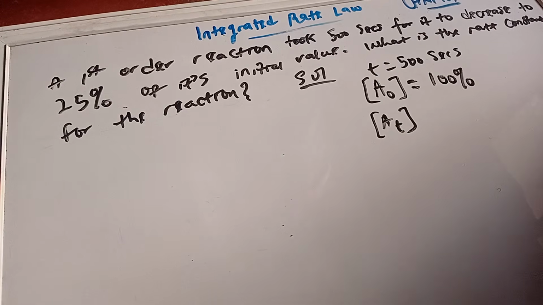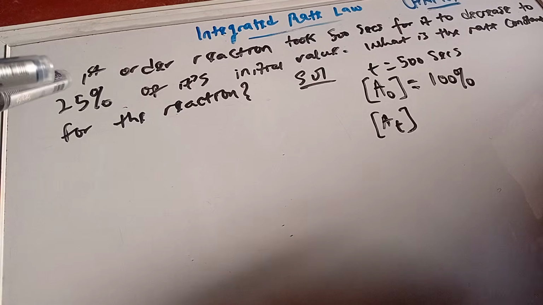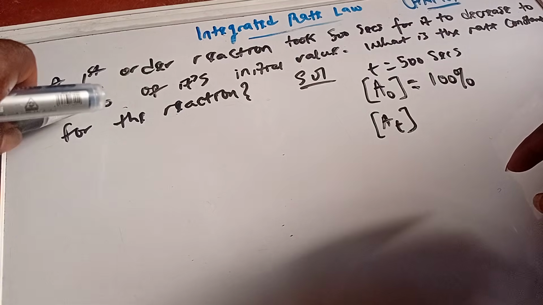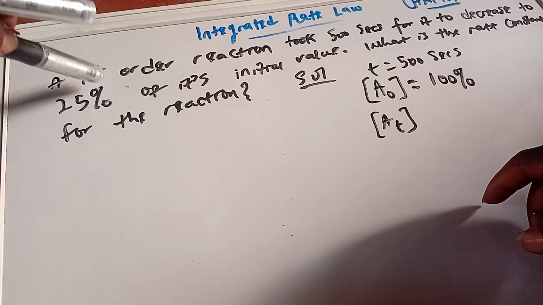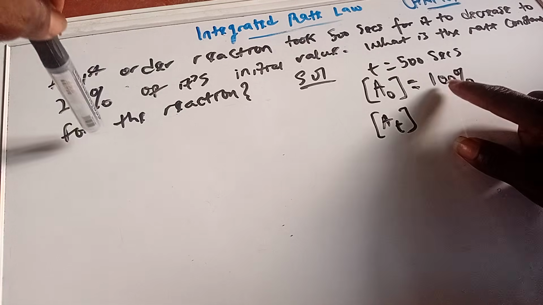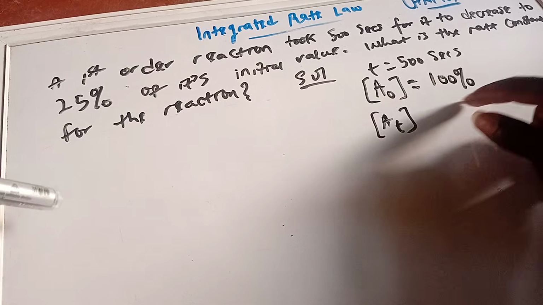Sorry guys, what we need here is the concentration at a particular time t. The concentration at a particular time t is that part that is yet to be used. In a sense, the thing decreased to 25% of its initial value. This 25% is no longer concentration. It has been removed. The initial concentration is 100.